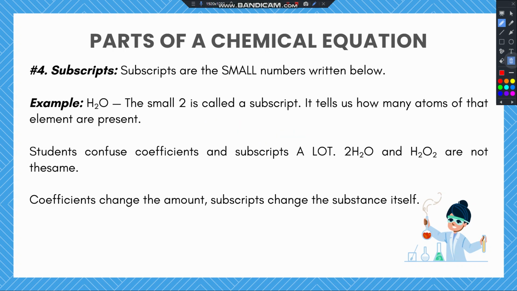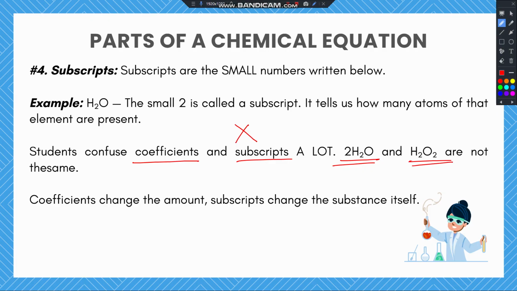Now here's one mistake that students make a whole lot of times. They confuse coefficients and subscripts. No, no, no. That's not the way to go. In balancing chemical equations, that is absolutely not allowed. So for instance, you can see these 2 examples over here.